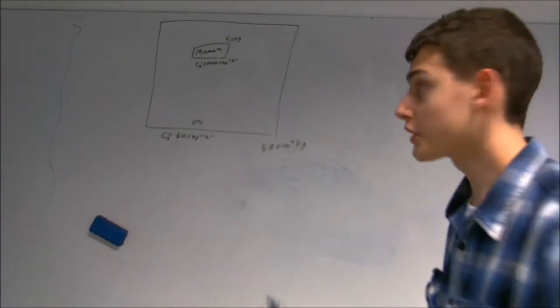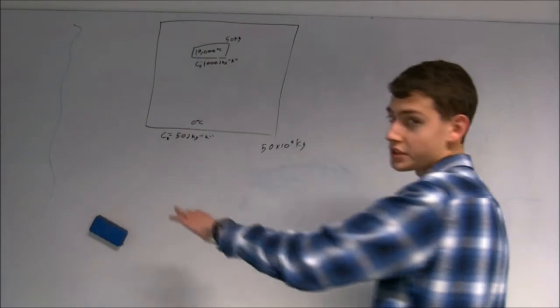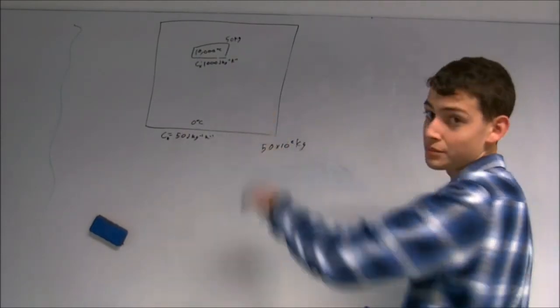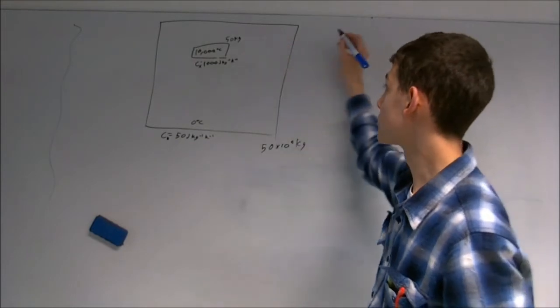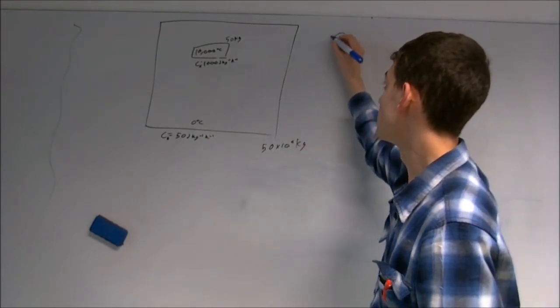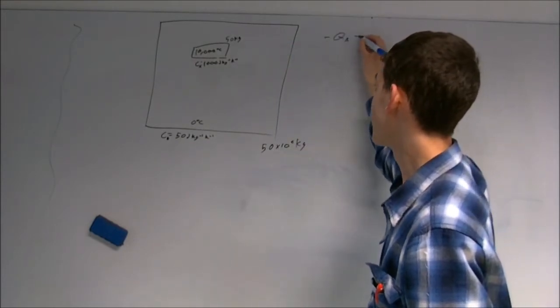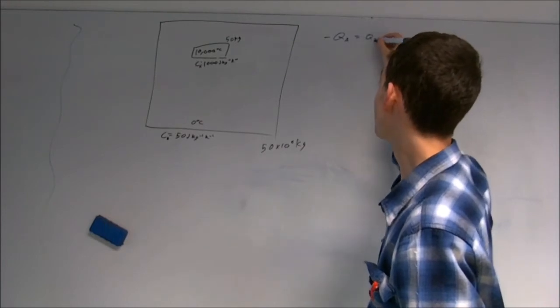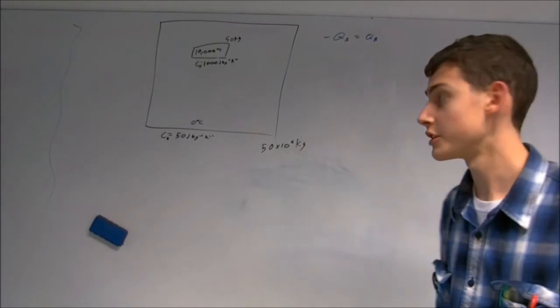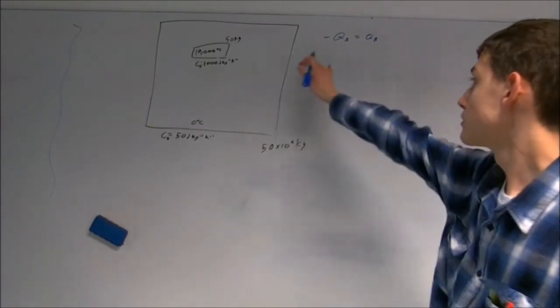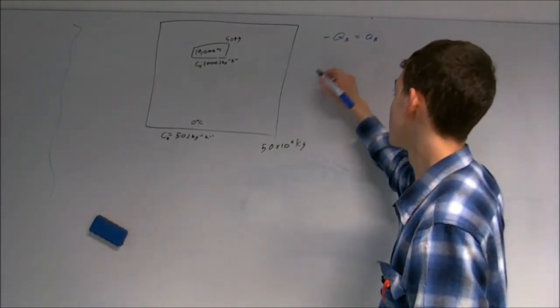So, we know that this one is going to have to lower its temperature, and this one's going to have to increase its temperature. So that means that the thermal energy that this gains is going to be negative. So that's going to be minus QA equals QB. They both have to interchange the same amount of thermal energy. So we know what Q is.